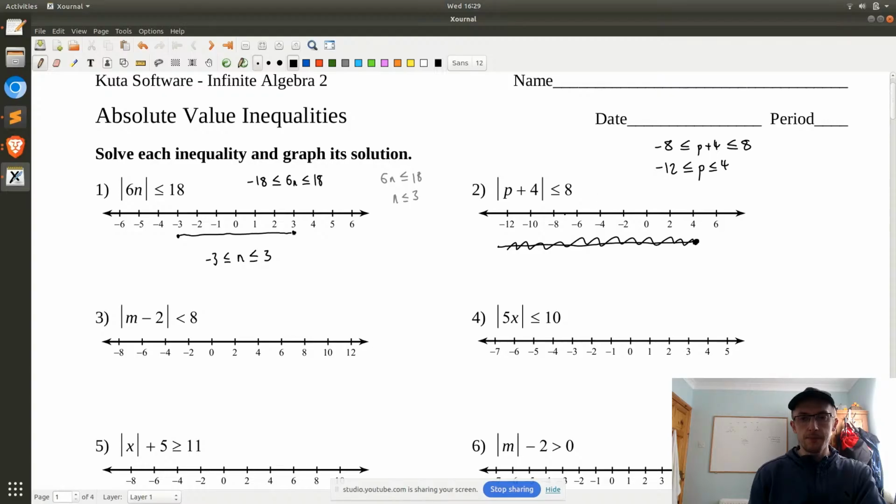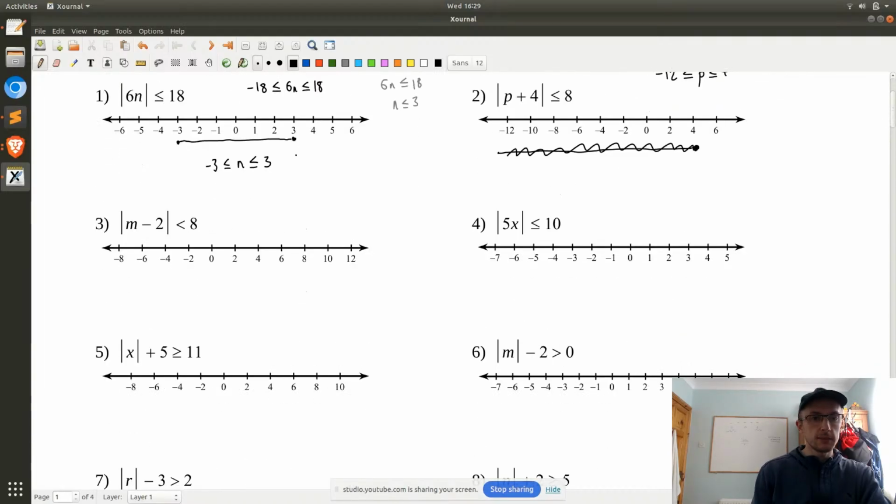Well, -12 plus 4 is -8, and the absolute value of -8 is 8, and 8 is indeed less than or equal to 8. So that works. And if we were to go a little bit further into the negatives, like -12.1, then it wouldn't work. So that works for this.